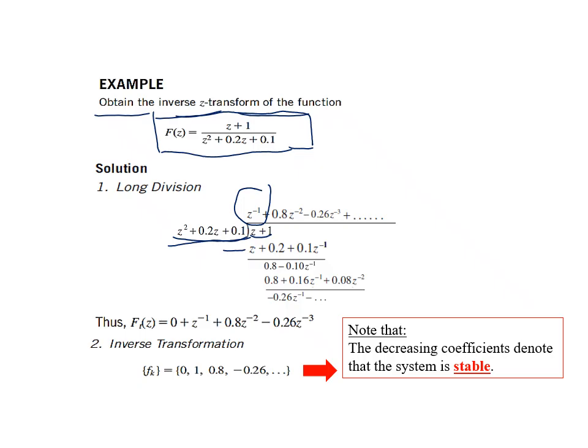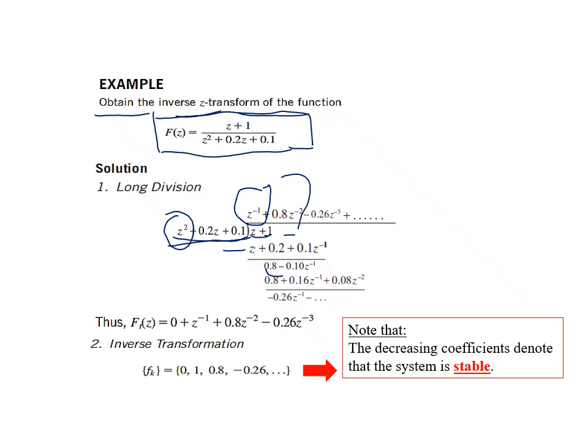Then z minus z equals 0. 1 minus 0.2 equals 0.8. 0 minus 0.1 z power negative 1 equals negative 0.1 z power negative 1. Then we divide the first term by the first term here, which is z squared. 0.8 divided by z squared, we get plus 0.8 z power negative 2 here.